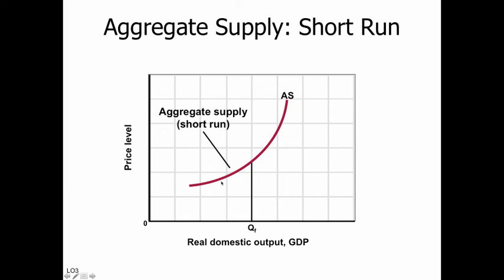If we keep increasing output, we keep moving along to the right, if spending on our goods keeps going up, we get close to or at full employment, and now things just become more difficult. It's more difficult to keep producing more and more as the economy gets to or even goes past full employment. Because now all my machines are running, and I've hired back all my old workers.